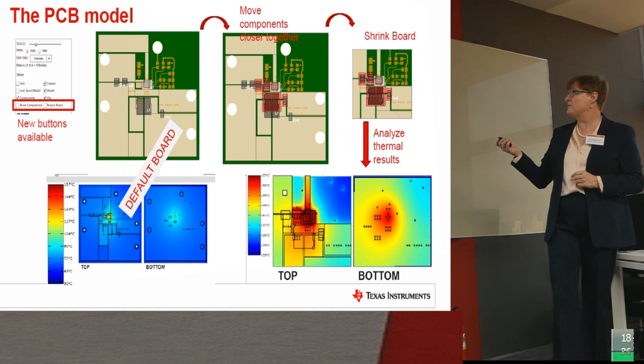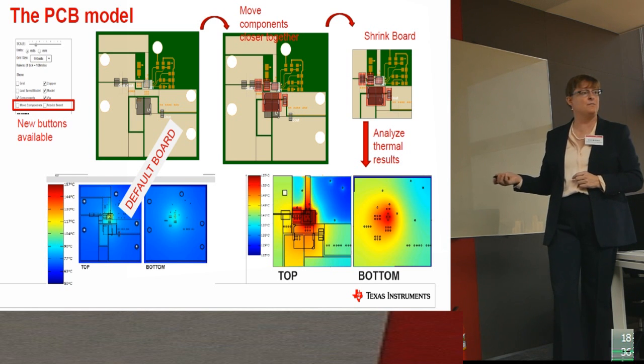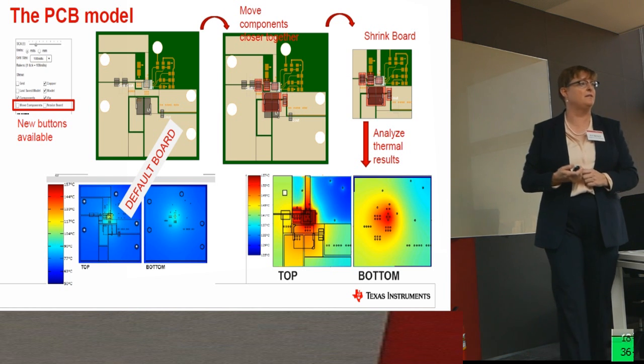And what this did was remove some of the copper layers that dissipate heat. And so now we can analyze the thermal results and look at the top of the board and the bottom of the board and see how it's performing thermally.